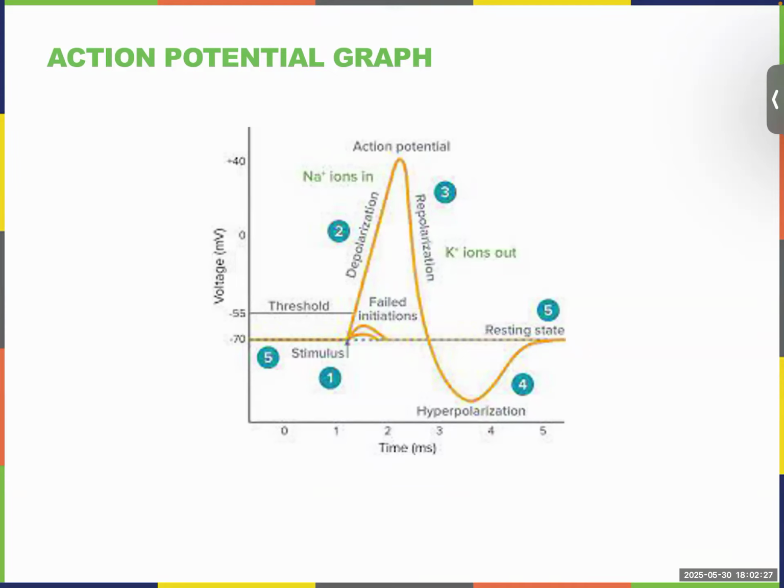It didn't label it, but eventually the sodium-potassium pump will work, and then we'll get back to the resting state. Okay, and this action potential will keep going all the way from the beginning of the axon closest to the cell body to the end of the axon furthest away from the cell body, near the synapses.